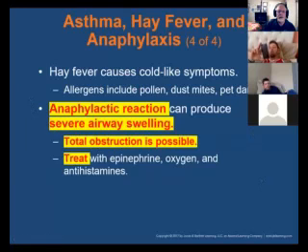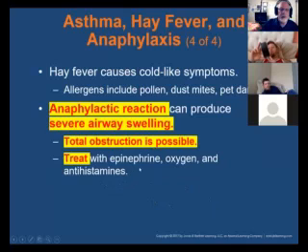A severe enough allergic reaction can cause an anaphylactic reaction. We have a whole chapter on that, so not going to spend much time there. How do we treat hay fever? We treat an allergic reaction with oxygen and antihistamines, and you can't administer antihistamines, so that'd be a paramedic thing.